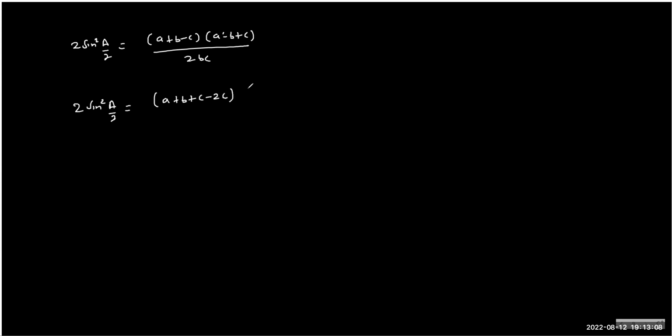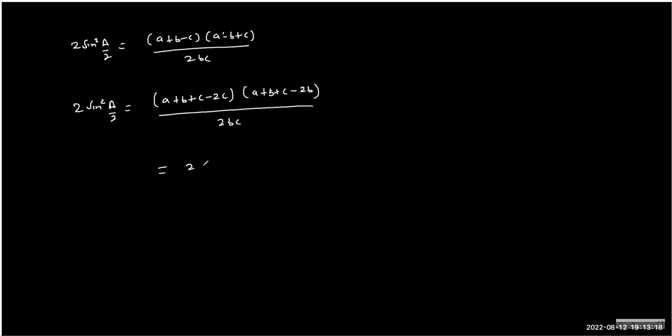Okay. So 2 sin²(A/2) turns out to be how much? (A plus B minus C) into (A minus B plus C) by 2BC. Now this is fair enough. And we can write A plus B plus C minus 2C, and A minus B plus C as A plus B plus C minus 2B, to get the same answer as before.